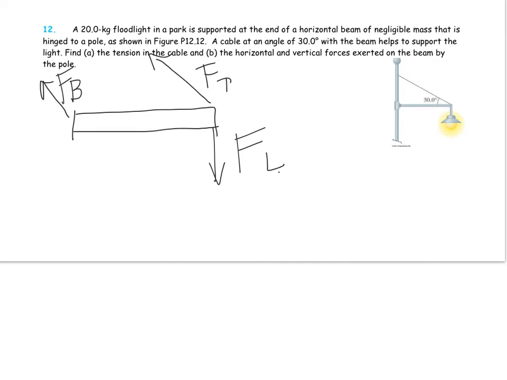I will need to find that in part B. I guess they call it the force of the beam. So, because I don't know the force of tension or the force of beam, I will need to use torque to find my forces. So I'm going to draw my pivot point at the beam because I don't know anything about that.